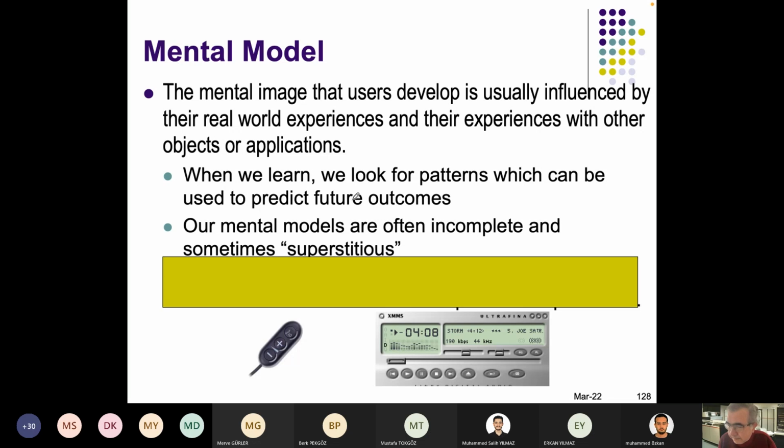When the person is exposed to an interface, real-world experiences affect the mental image. As we learn, we look for patterns to predict future outcomes, because our life is based on prediction. I have this, there is some tea, probably cold.